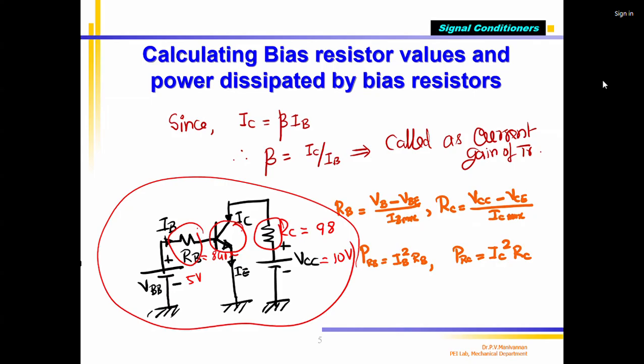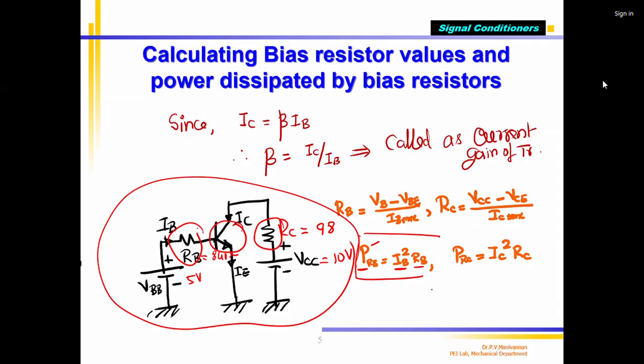Power will be dissipated as heat. You can't avoid it. So how will you compute this? The formulas are given here. PRB means the power dissipated across the base resistor. It is nothing but IB square multiplied by RB, the RB resistance value multiplied by the base current squared. At any given instant, IB will vary.